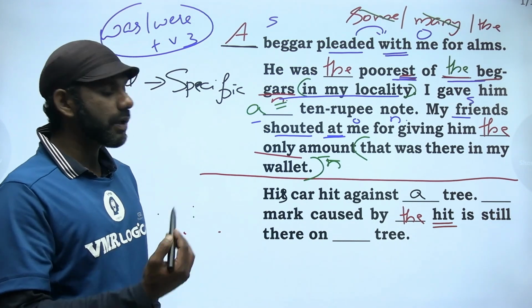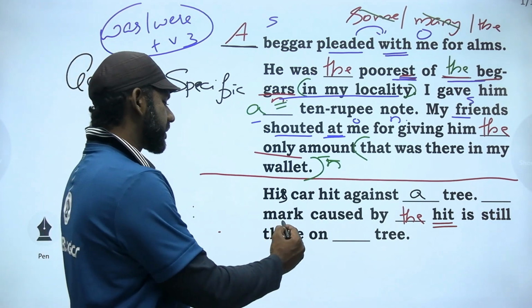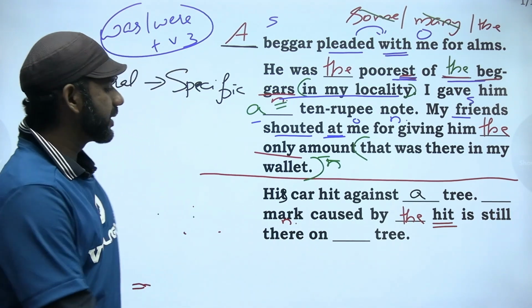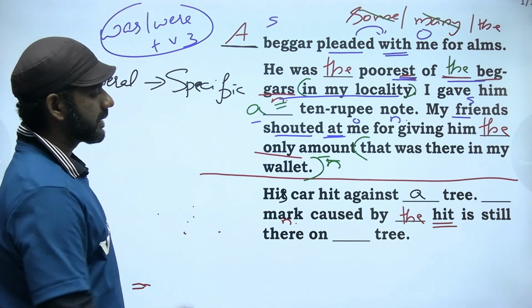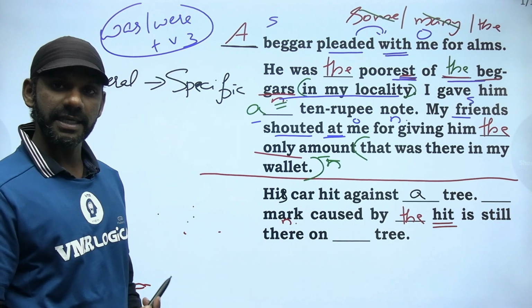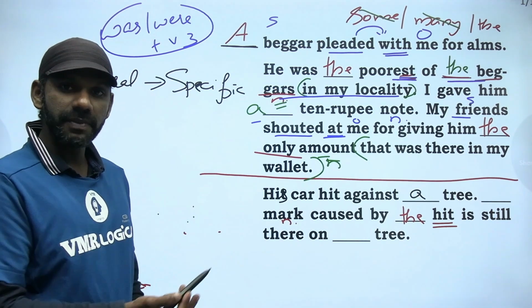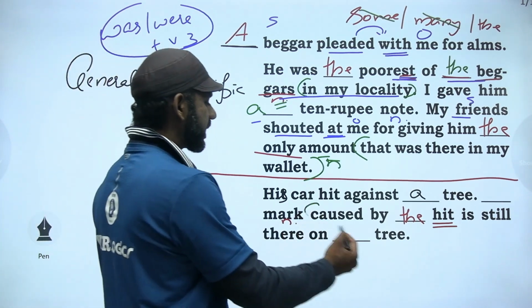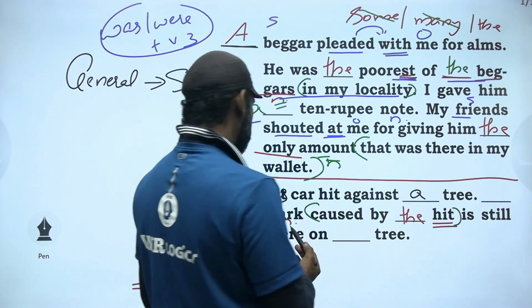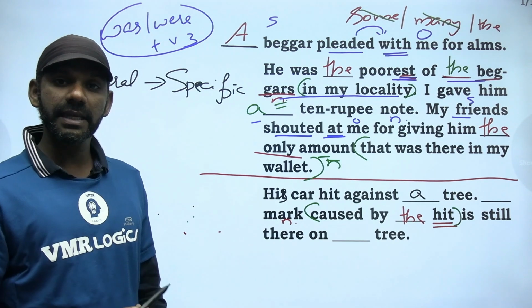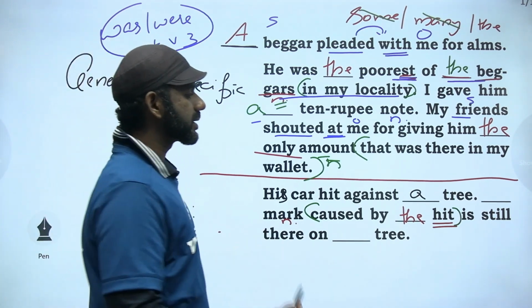___ mark caused by the hit. Mark is a noun. In this sentence, is there any detail given regarding the noun mark? Yes, caused by the hit. So caused by the hit is the information given regarding the noun mark, so the noun mark must be taken as specific.